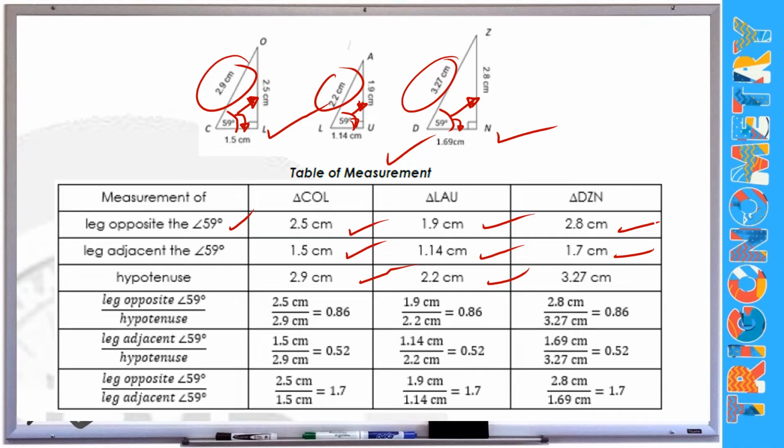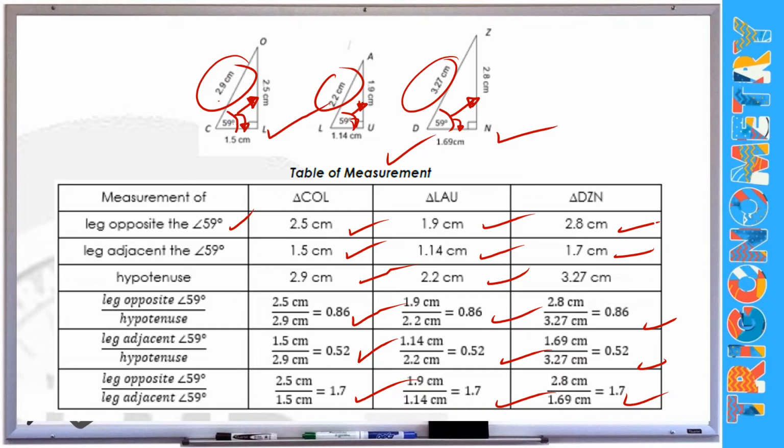Upon dividing, we were able to see that the ratios of these three triangles are equal. This means they have congruent angles and proportional sides, so they are similar triangles.